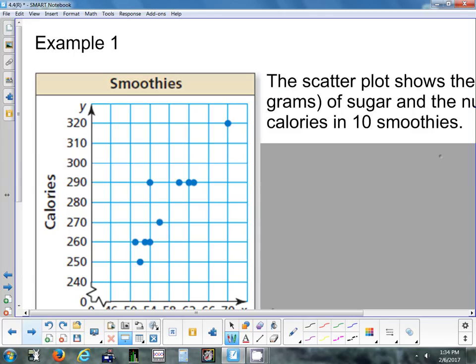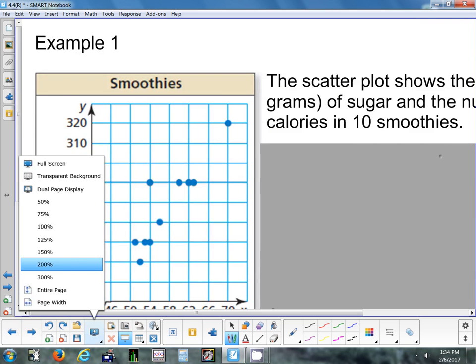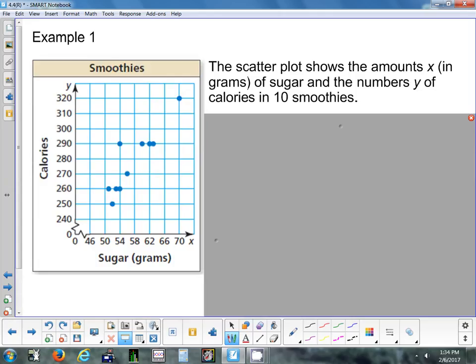All right, so here's a little description. It says the scatter plot shows the grams of sugar. Just make it a little smaller so we can see it. Scatter plot shows the amount of grams of sugar and the number of calories, okay, in 10 different smoothies. So maybe it's just 10 different stores that make smoothies.